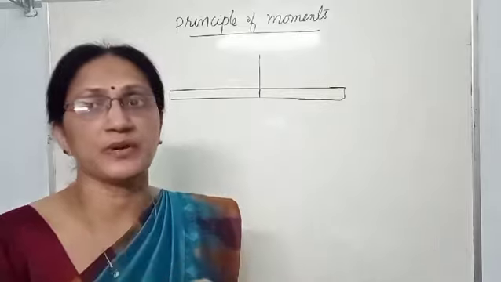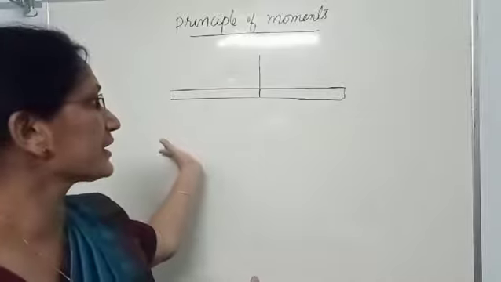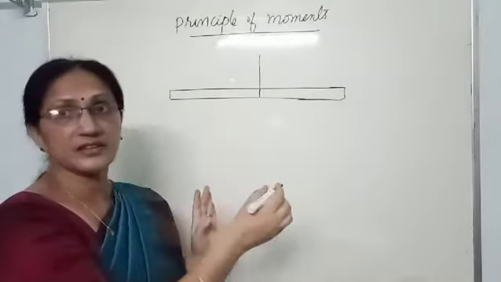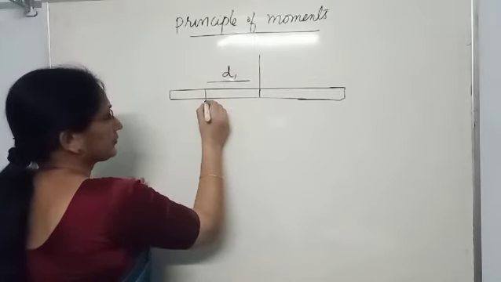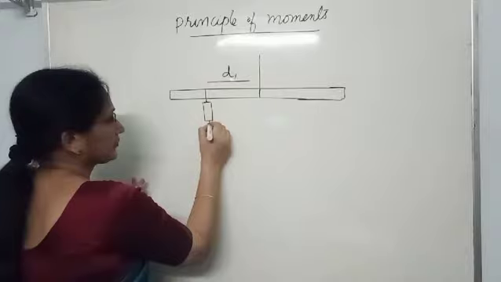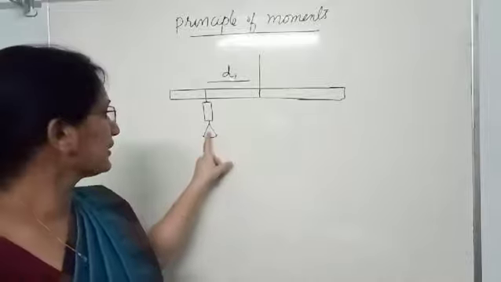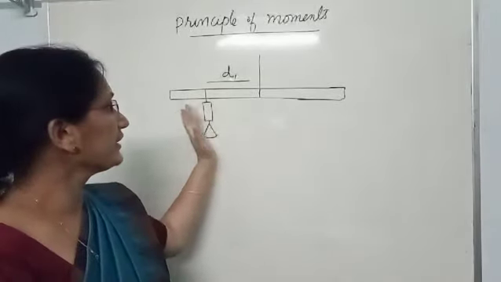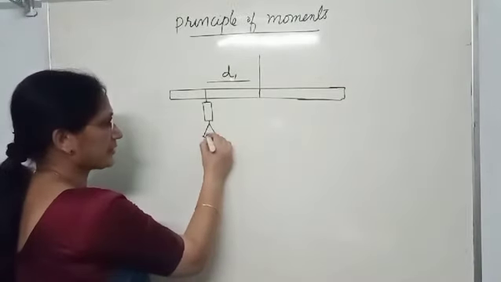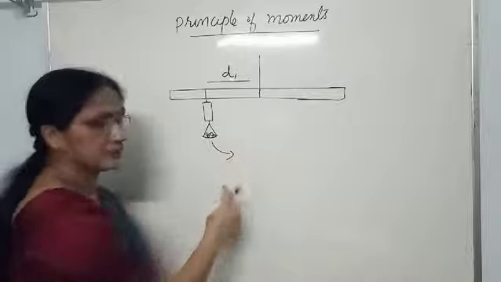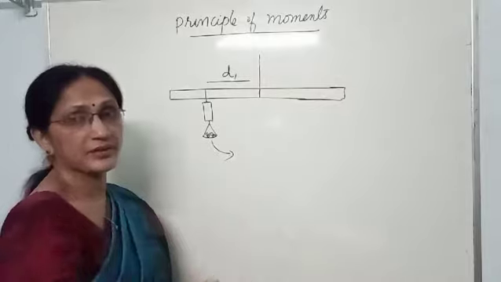Now get two similar spring balances and attach one spring balance, together with a pan, on the left side at a certain distance d1, and keep some weight in this pan. Then the scale will rotate anti-clockwise.